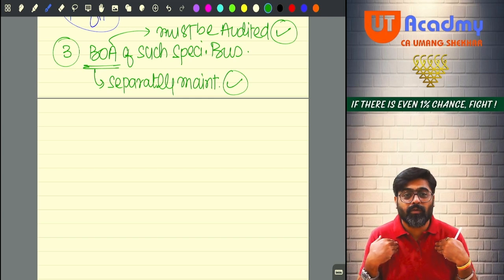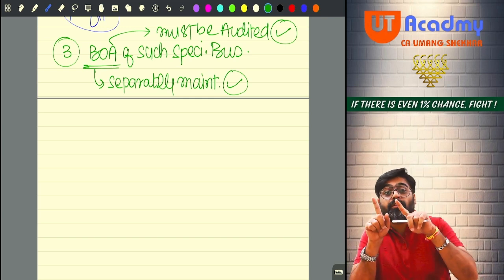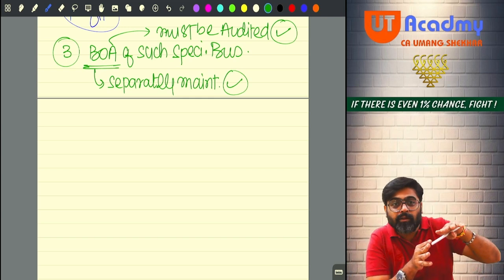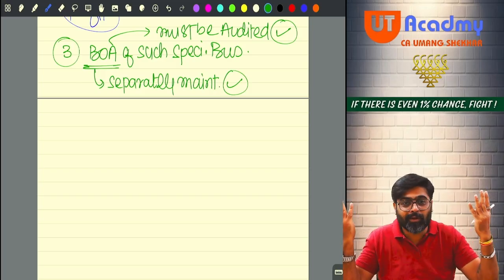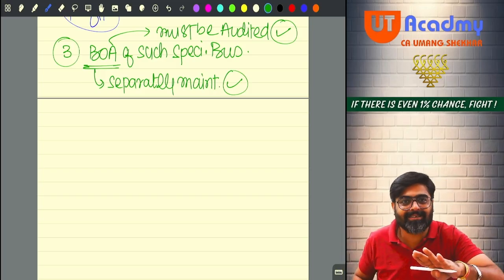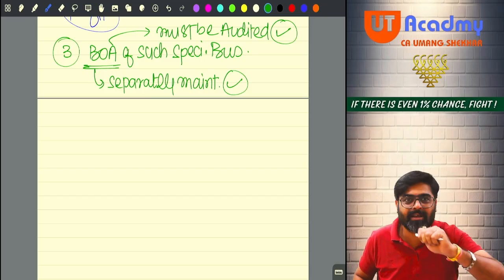He will tell you whether the books of this business, which are separately maintained, show a true and fair view or not, whether the transactions are manipulated, whether the books are manipulated.